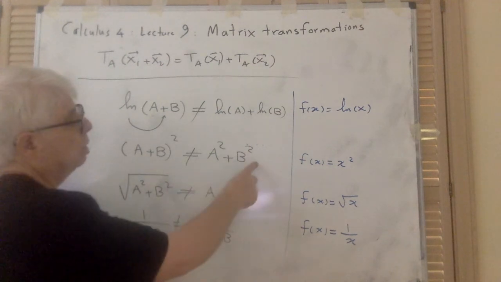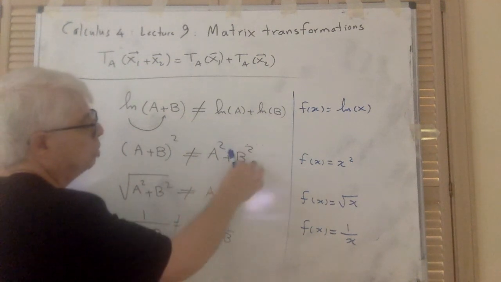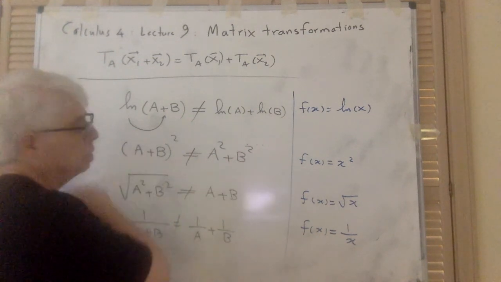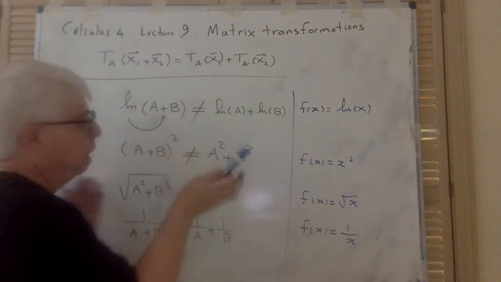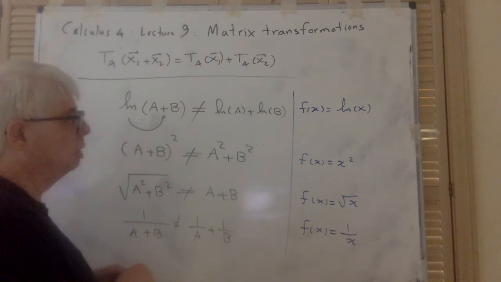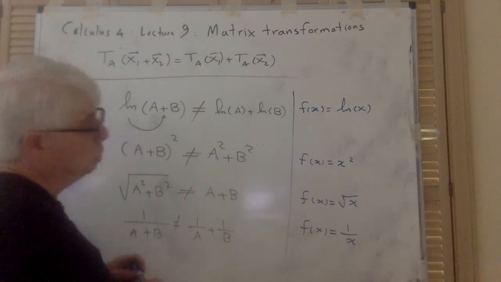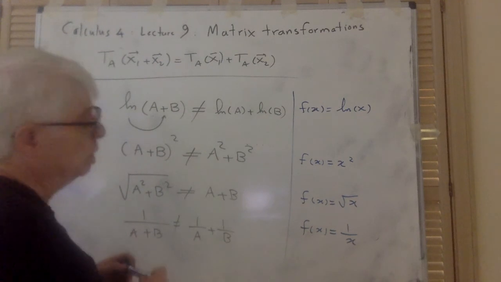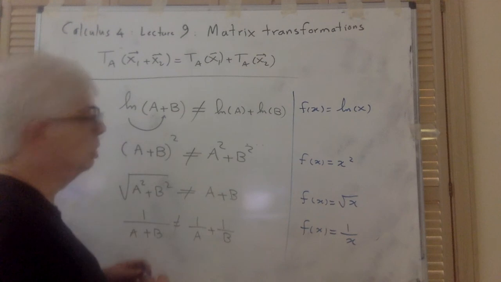The correct answer has plus 2ab. So this one is a squared plus b squared plus 2 times this times this. But this one, absolutely, doesn't change, this one doesn't change. So students in college algebra have the tendency to distribute the function that they study.